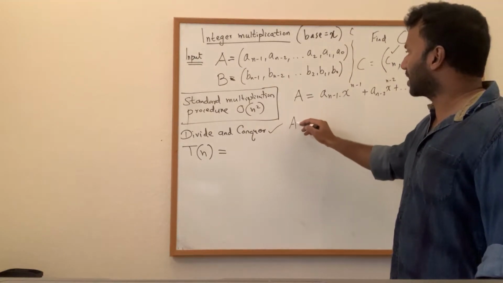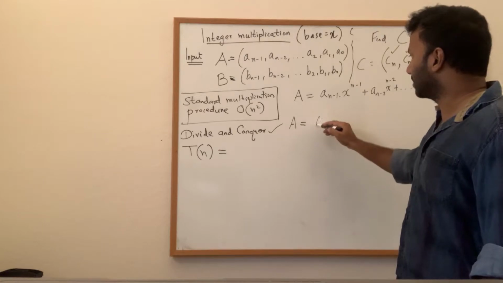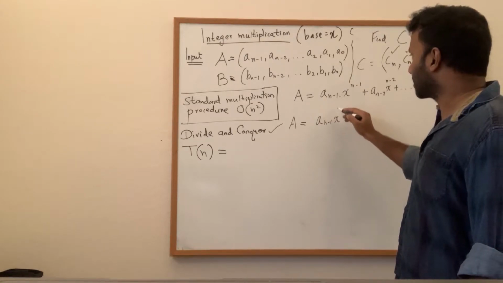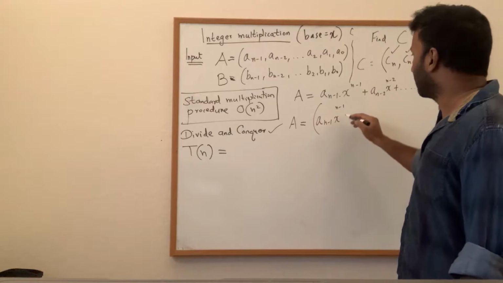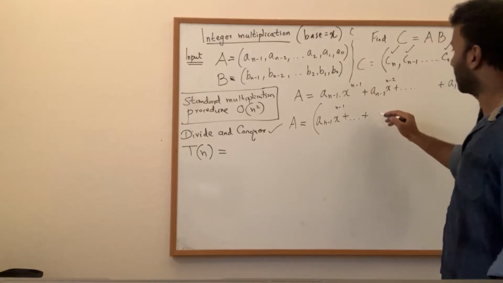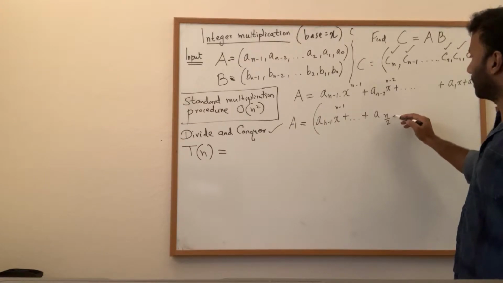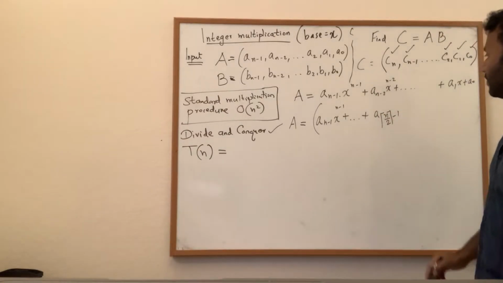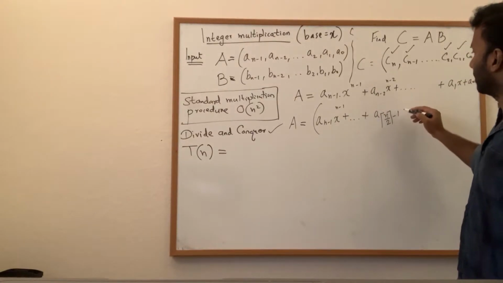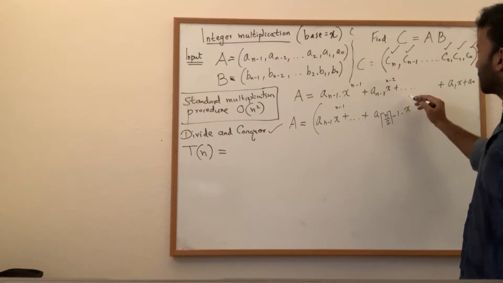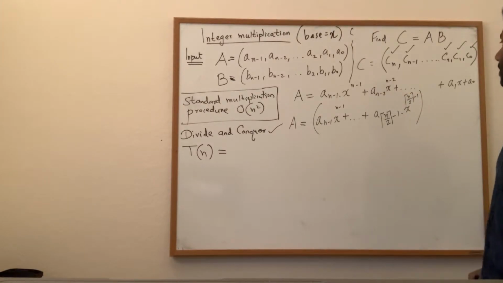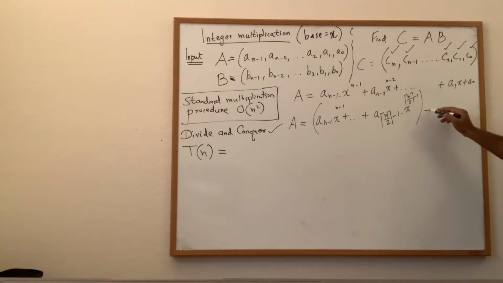Then the same A I can write like this: a n minus 1 x raised to n minus 1 plus dot dot dot until a n over 2 ceiling, multiplied by x raised to n over 2 ceiling minus 1, plus the rest.